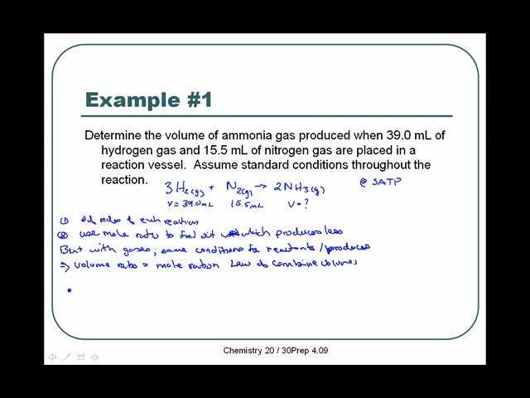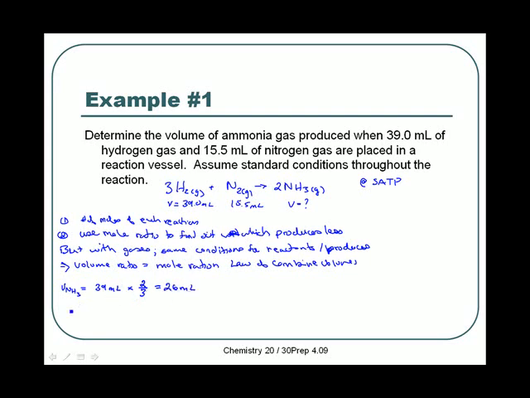And so we can say the volume of NH3 produced is going to be, if we check with our hydrogen, 39 milliliters times a mole ratio of 2 over 3. If we multiply by 2 and divide by 3, we'll get 26.